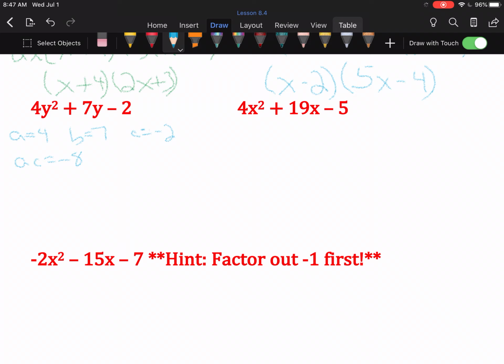Those numbers are 8 and negative 1. 8 times negative 1 is negative 8. 8 plus negative 1, which is 8 minus 1, is our 7. So we're going to have 4y squared plus 8y minus y minus 2.